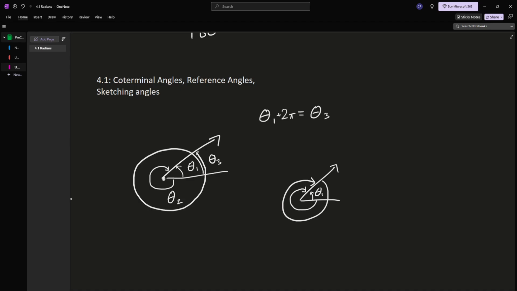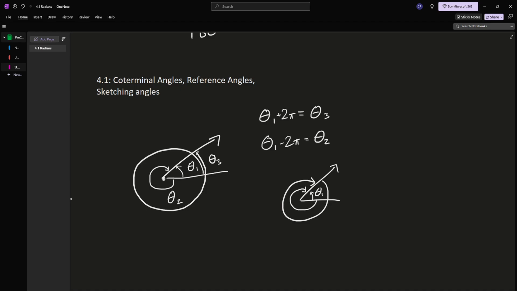So to go from theta 1 to theta 2, I must subtract 2 pi. Theta 1 minus 2 pi equals theta 2. And these are coterminal angles. Coterminal angles pretty much use add or subtract 2 pi as many times as you want to. And those are coterminal angles.